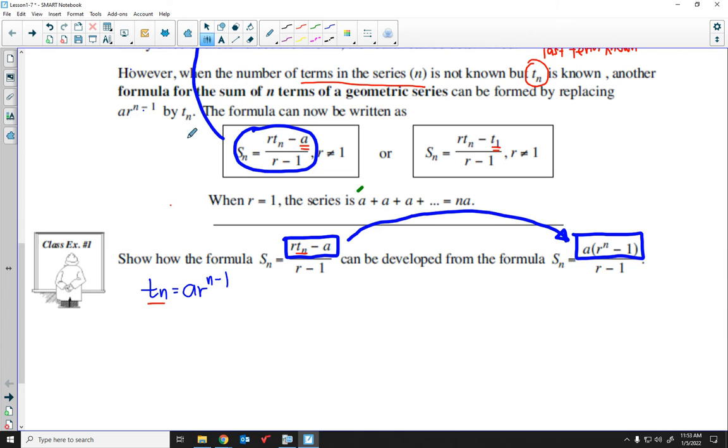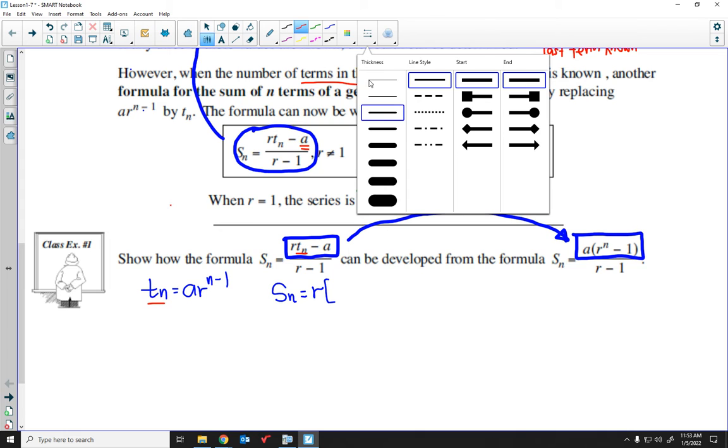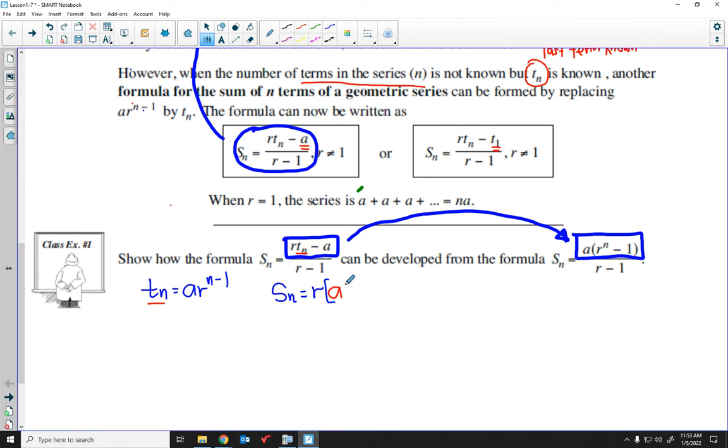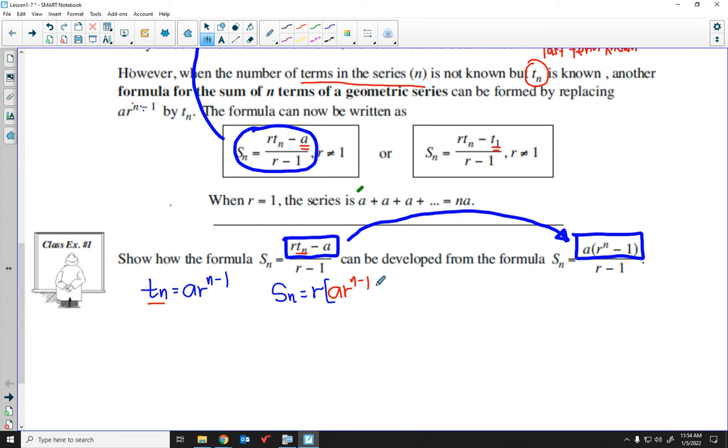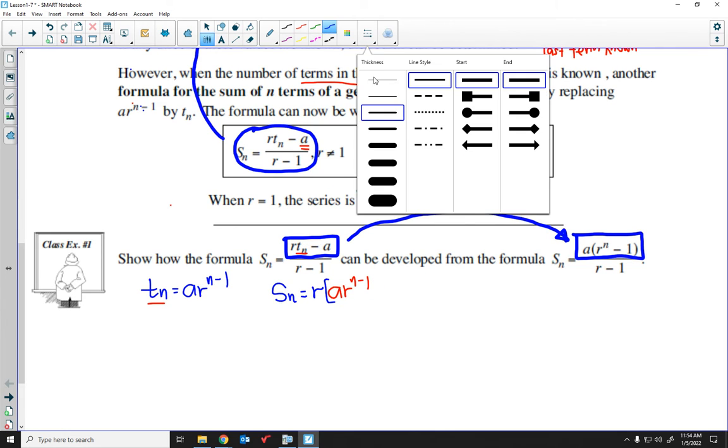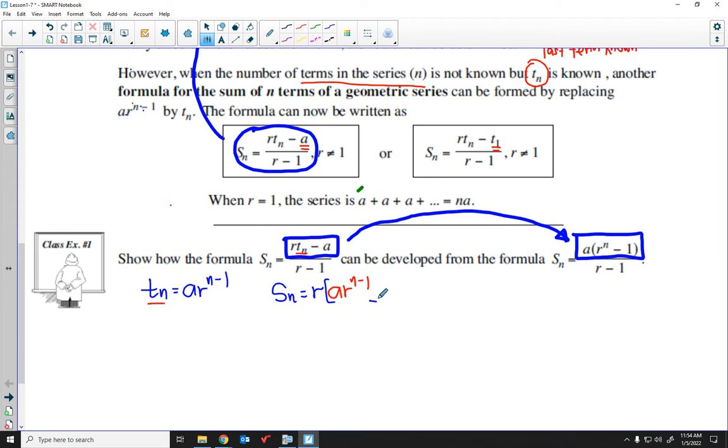If you do that, you then have S of n would be equal to R times, I'll do the substitution in a different color so you can see it a bit more clearly, A R to the power of n minus 1. And then we still have that subtraction of A here. I guess we can put it in brackets if we want to. Okay, and we're going to subtract A and divide that by R minus 1.